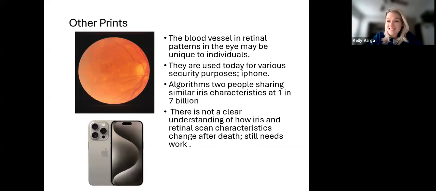You know that this exists because you have a phone, and now we have facial recognition for just about everything. What are they doing? They're actually relying on your retina. They are going back to the blood pattern distribution in the back of your eye. What they're looking for is that you have a very unique distribution to your blood vasculature in the back of your eye as you were forming in utero.